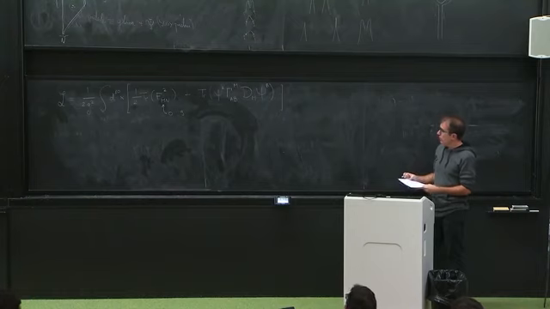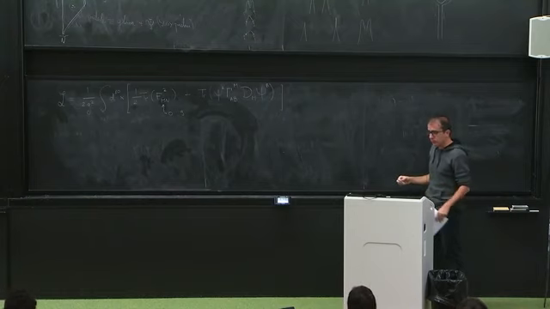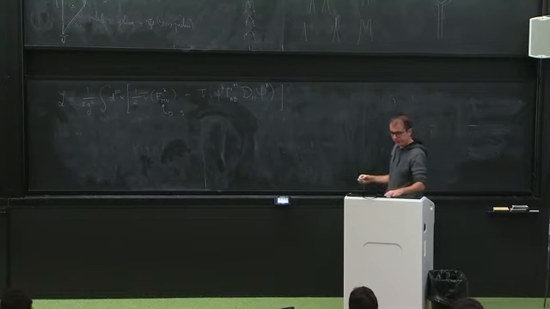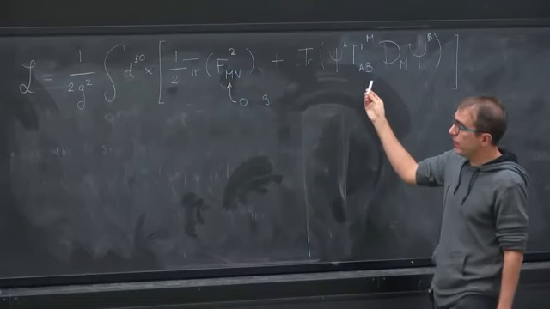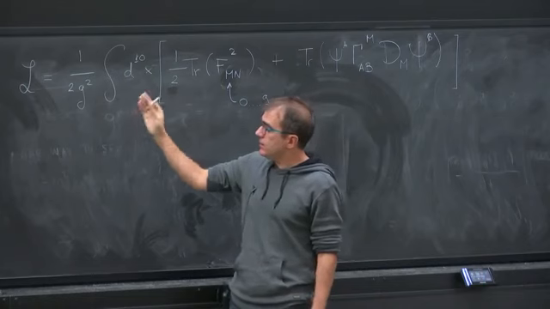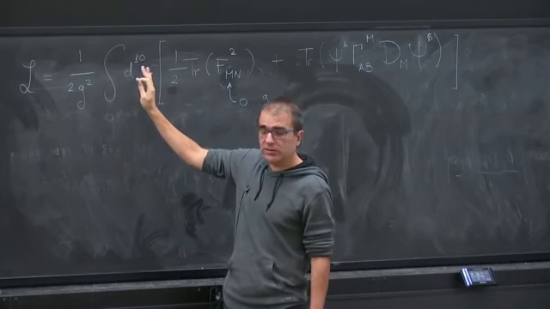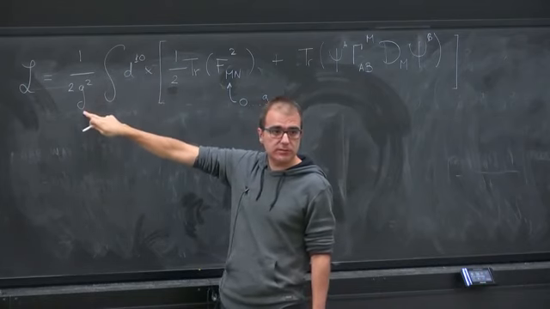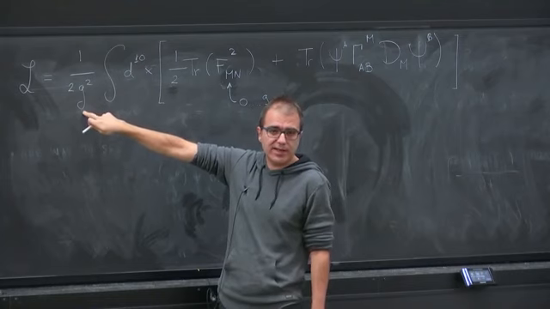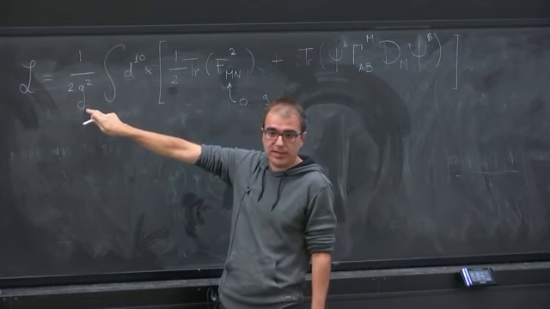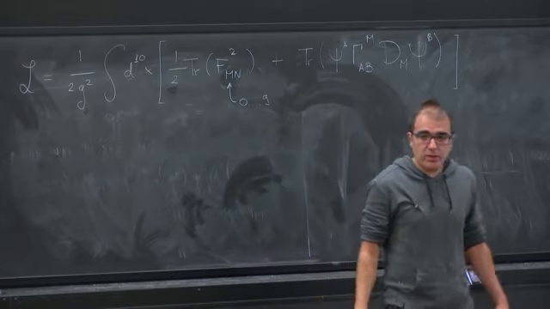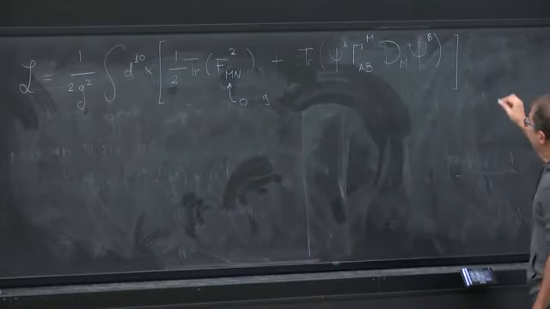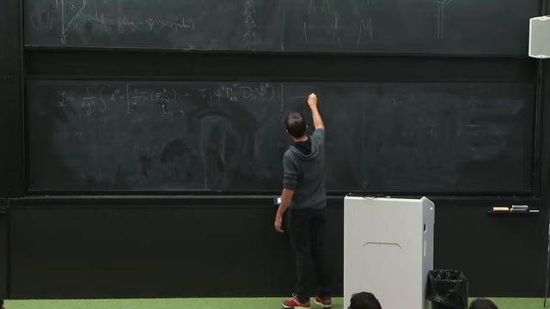Now, our goal is to start with this theory. And this theory is not perfect for many reasons, but one of them is that when we are in very high dimensions, this coupling is not dimensionless. This theory is not even classically conformal because this coupling has dimension. So what we are going to do is take this theory and dimensionally reduce it.